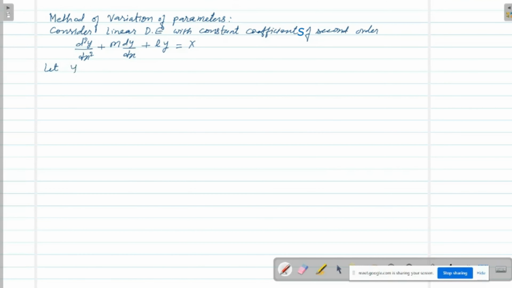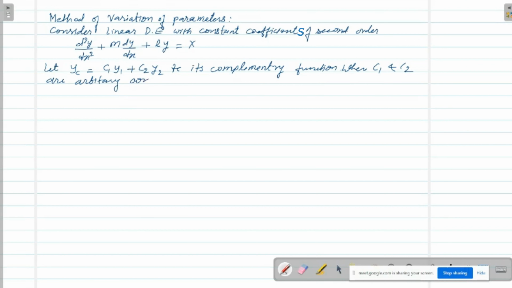Let yc equal to c1 y1 plus c2 y2 be its complementary function, where c1 and c2 are arbitrary constants.